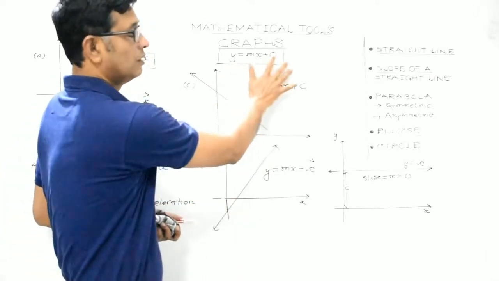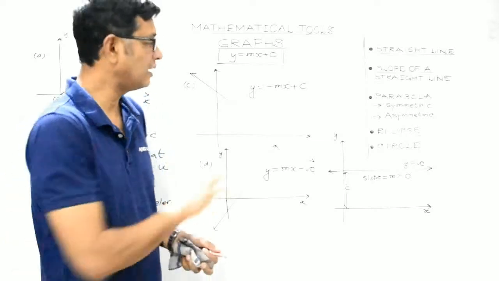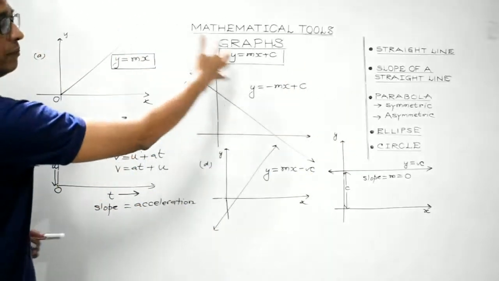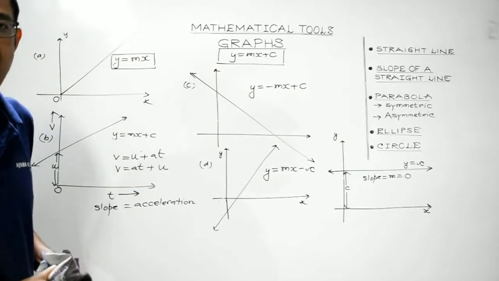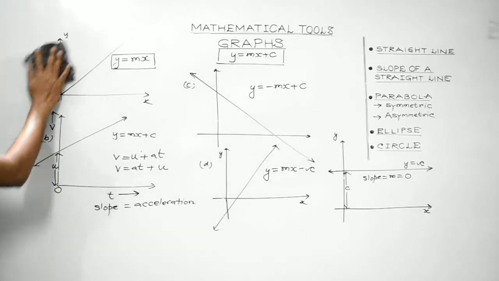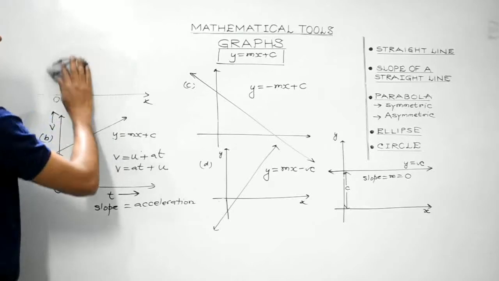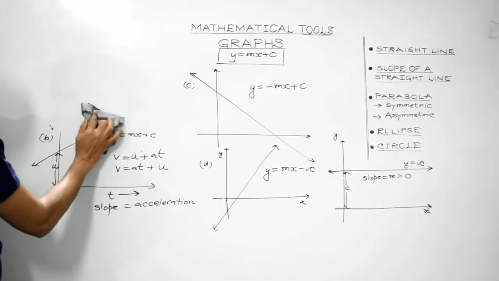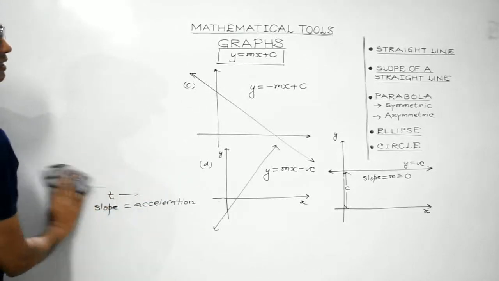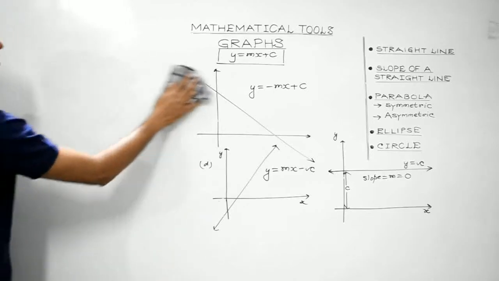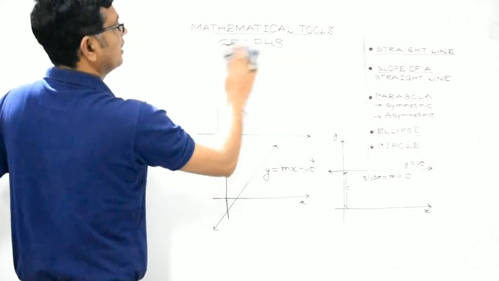So this is the standard equation of a straight line, and these are the various possibilities which we can have. So we have discussed the straight line, its standard equation, and also the slope of a straight line.